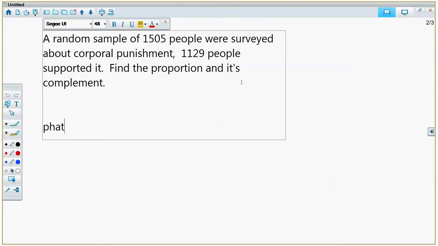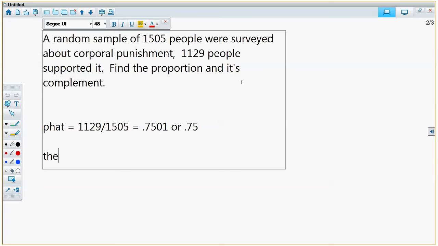P hat is equal to 1129 divided by 1505. And somebody tell me what that comes out to be. 0.7501 or what? 0.75.